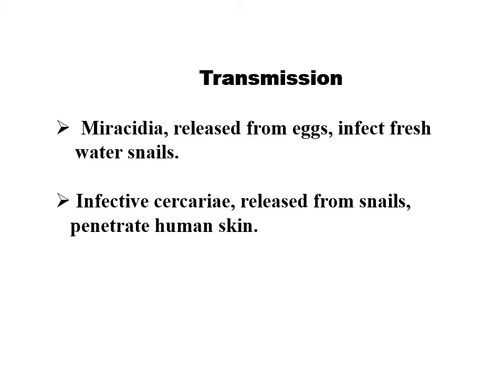The females will release eggs, and the eggs have to reach the lumen of the intestine and pass in the stool, or if it is haematobium, most of the eggs will be passed out in urine.